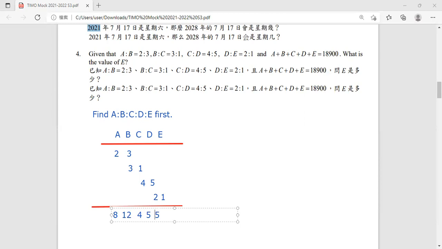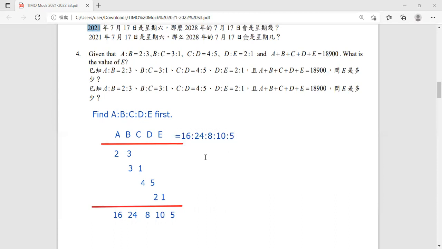So this is 10, this is 8, this is 24, and this is 16. So the final ratio will be 16 to 24 to 8 to 10 to 5.